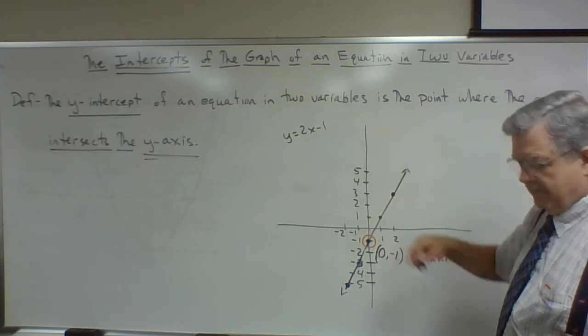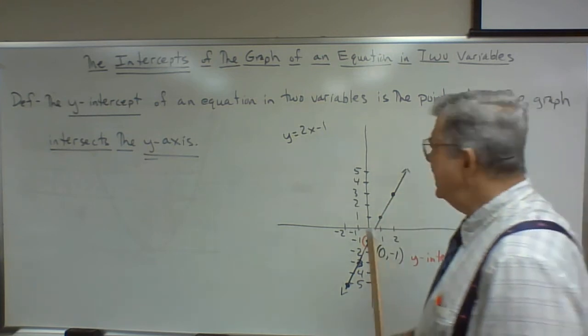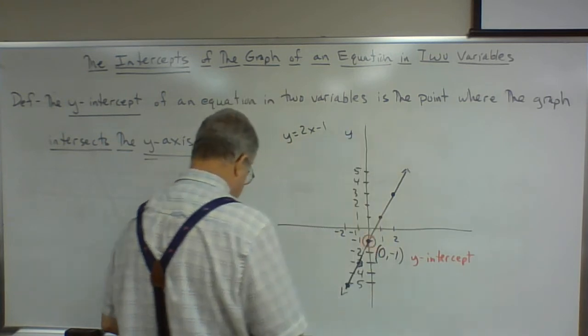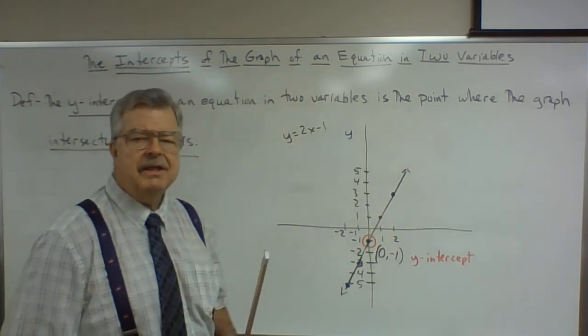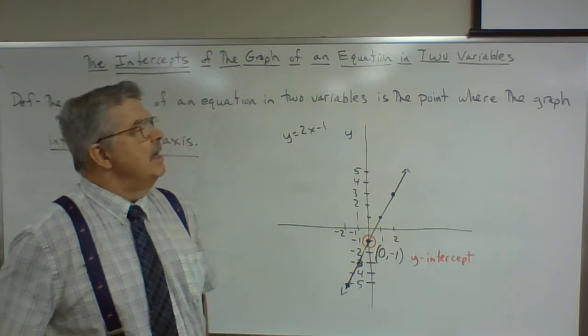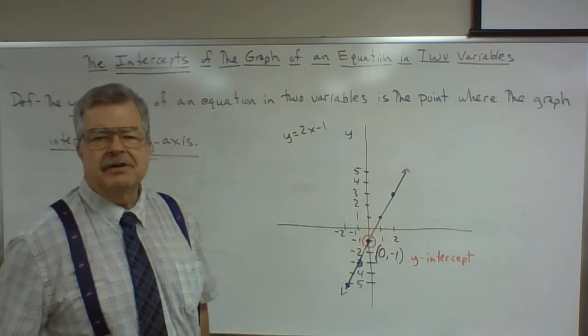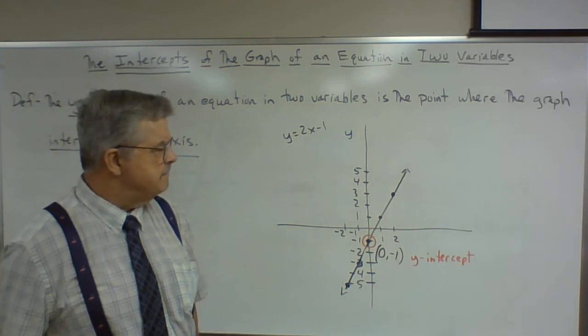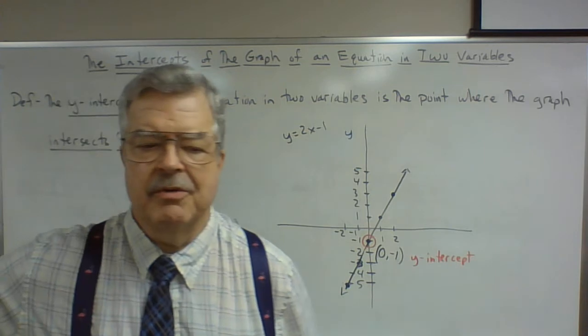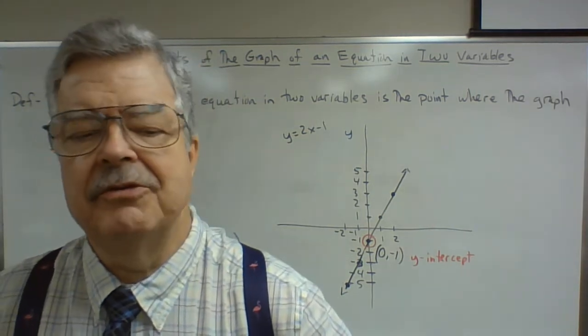But what is the y-axis? What is the y-axis? We discussed this in class yesterday. Let me clear some room to erase and I'll remind you of what we said.